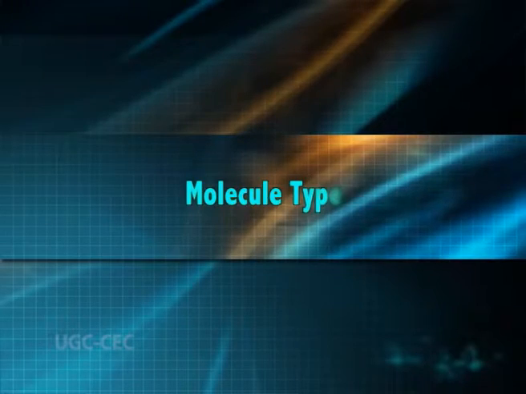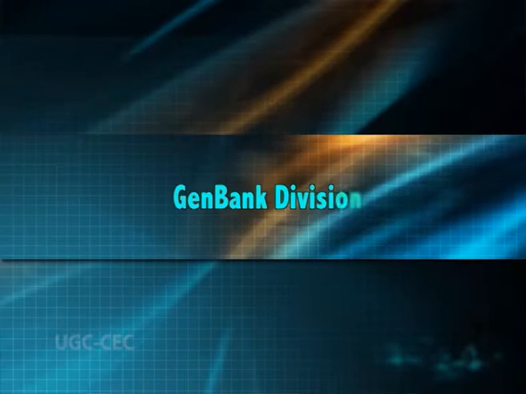The minimum length required for submission is 50 base pairs or bp. Molecule type. The type of molecule that was sequenced. The various molecule types include genomic DNA, genomic RNA, precursor RNA, mRNA, cDNA, ribosomal RNA, transfer RNA, small nuclear RNA and small cytoplasmic RNA.